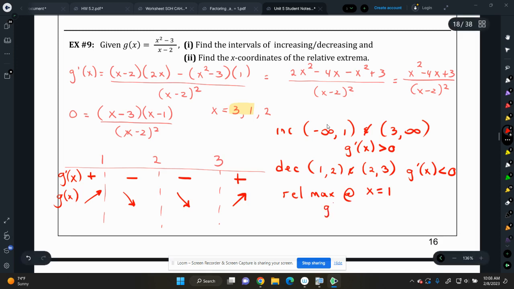We're going to say g prime changes from positive to negative. It has a relative min at x equals 3. And the same thing again. G prime of x changes from negative to positive.